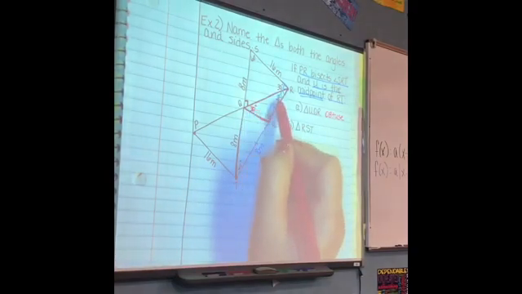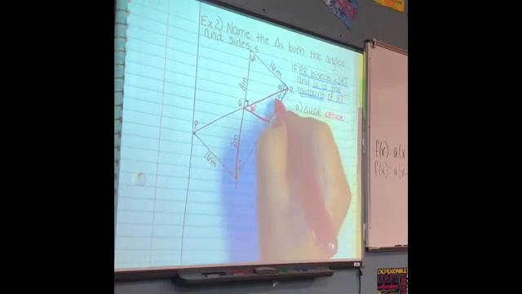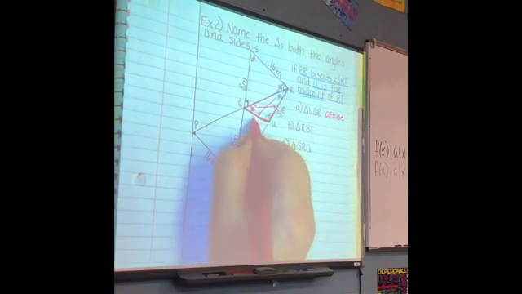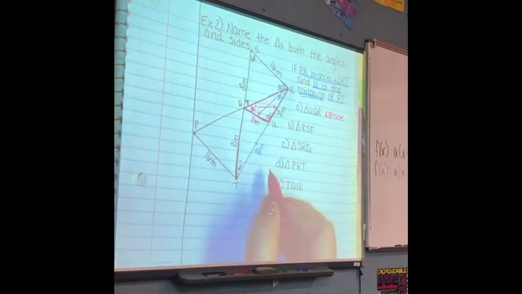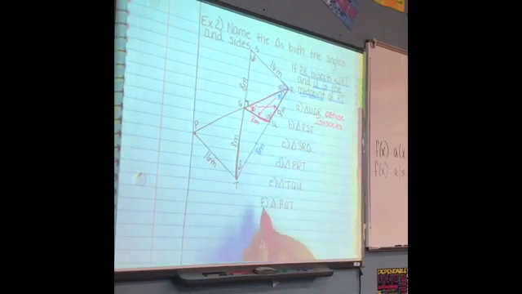No, they're the same. You don't see isosceles. You see that they're the same angles. Isosceles only comes if the side measures are the same. But if the angles are the same, what do you know about the sides? They're the same also. The side across from them must be the same measure. Now that I know that, can I say that it is isosceles? Now do I know that they're the same? Okay. We good there?